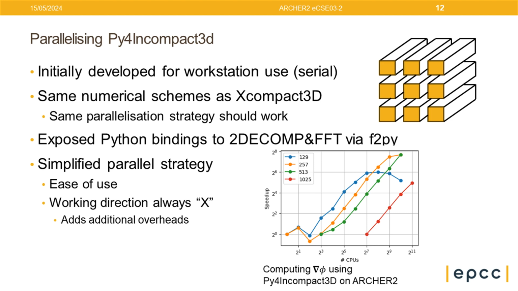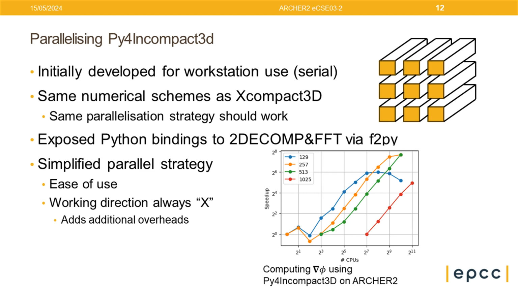So to do this, I used the F2Py tool to write a Python binding to the 2decomp and FFT library, and this allowed me to take the serial code and parallelize it using MPI and begin running things at scale.